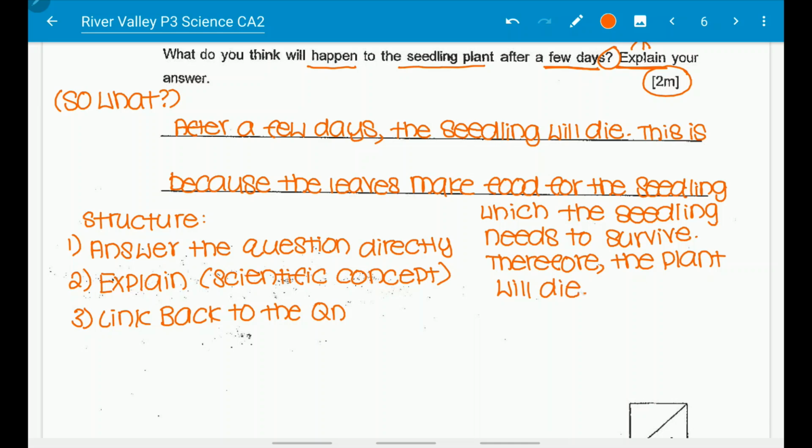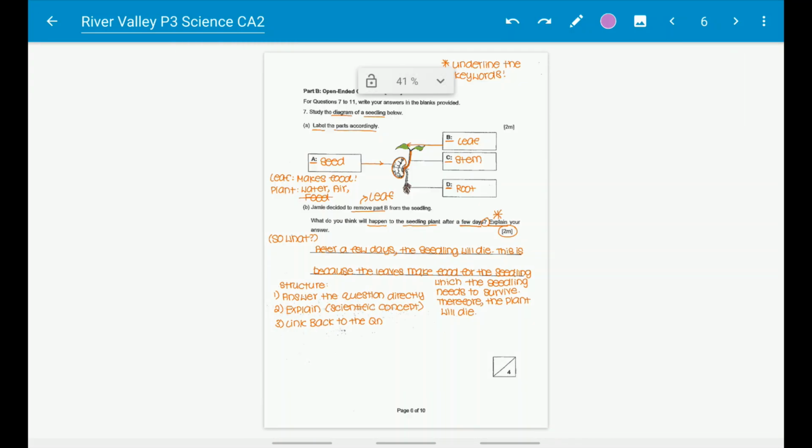Okay, so all you got to do is just link back to whatever your answer in front is. Okay, so these are the 3 steps to answering an explain question, and this is usually how it works when the question is worth more than 1 mark. Okay, so we are done with question 7.